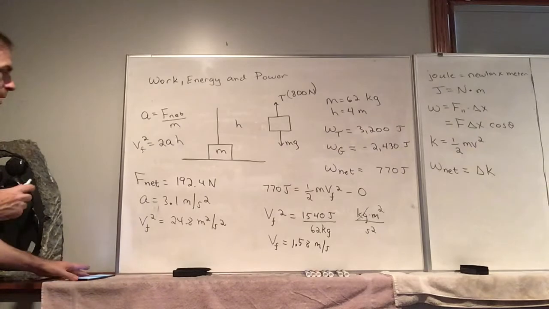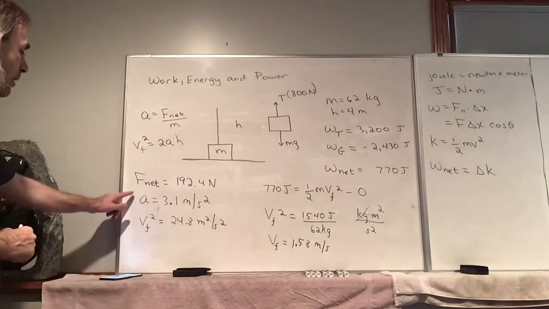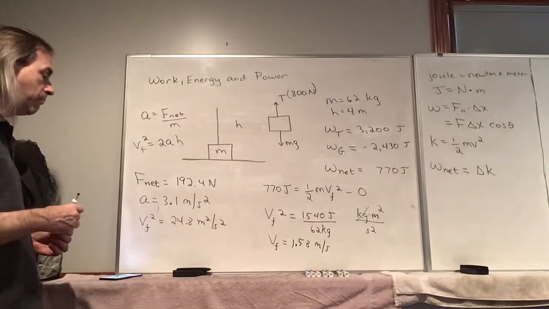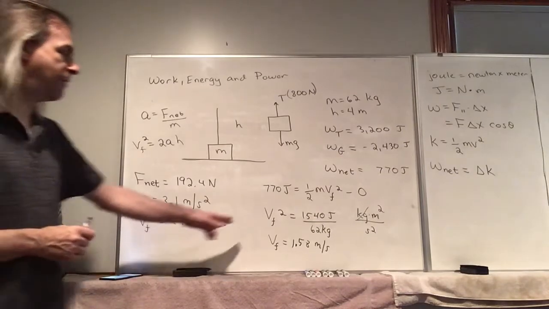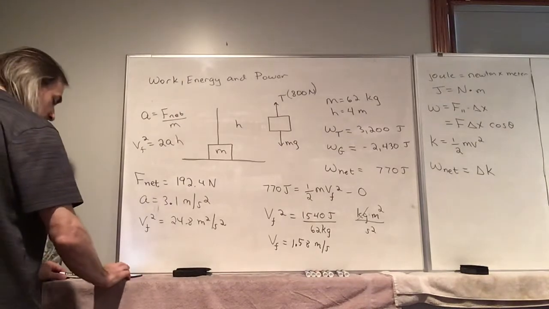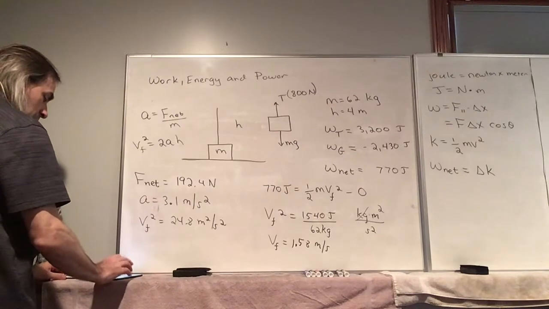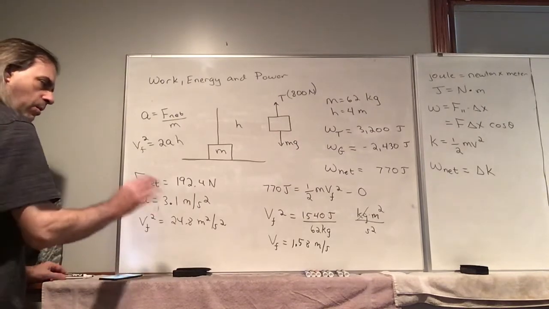Wait, these numbers are not checking out. Let me double check that. That number looks good. I'm going to have to recheck this number. Yeah, I don't know what I did there.